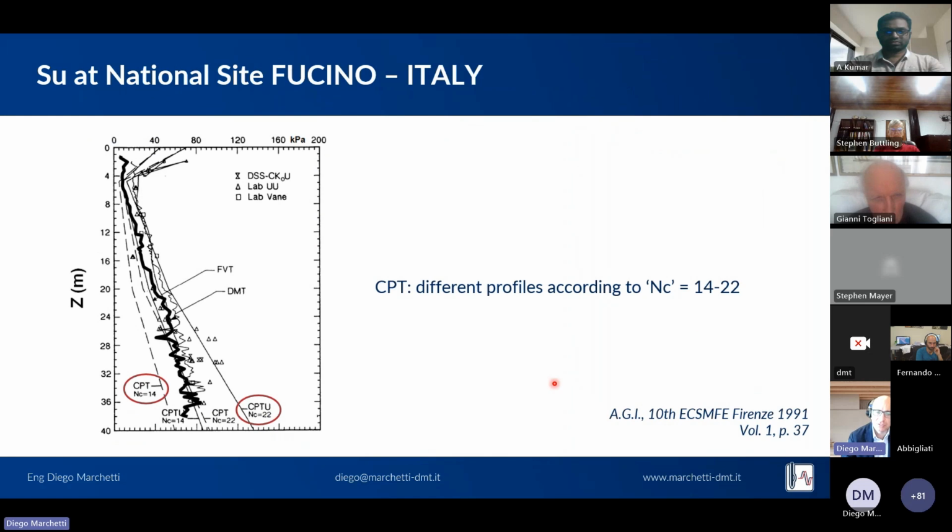This is the research test site in Fucino, Italy, where the black thick line corresponds to the DMT profile of the undrained shear strength in good agreement with the laboratory test, the field vane, and the CPTU tuned according to the NKT factor. This graph was published by Marchetti in 1991.